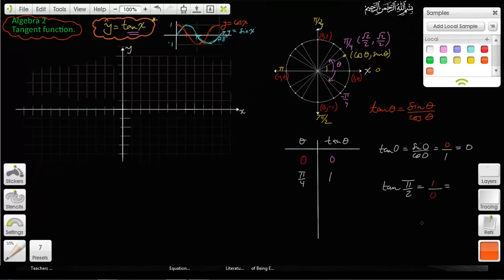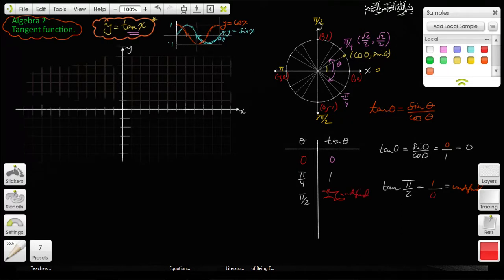You can't divide by 0, and that's super bad, so this is undefined. And if you remember, when you get this undefined error, there is usually an asymptote in the graph. So here we have pi over 2, which is 90 degrees, where tangent is undefined.